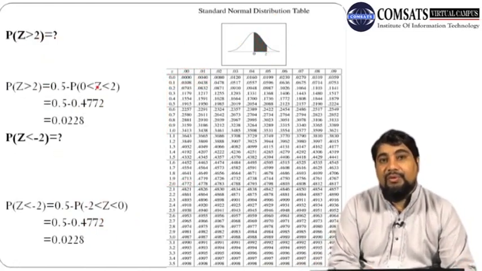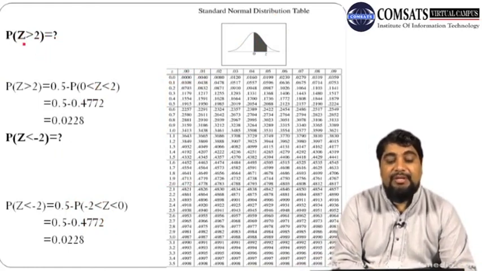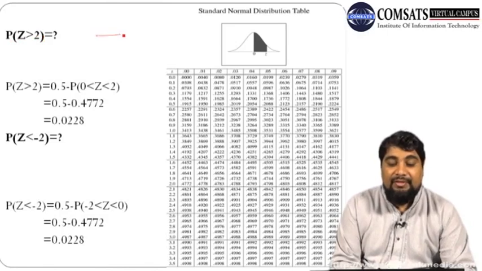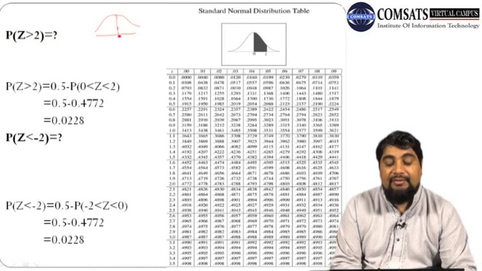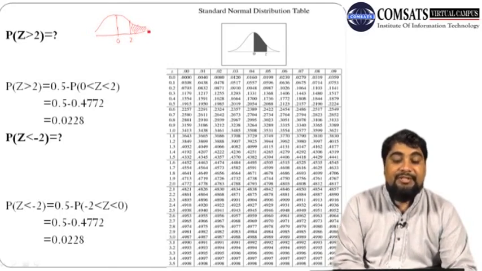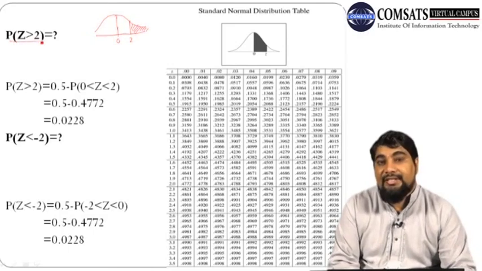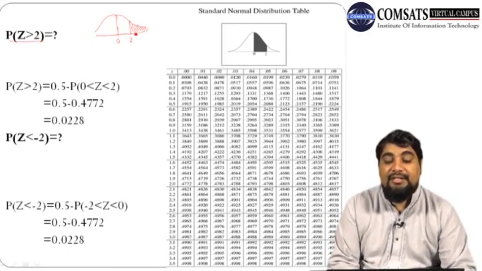Suppose we are interested in calculating the probability that z is greater than 2. This means we are interested in calculating this area. Remember that here z is 0, and here z is 2 at this point. So we are interested in finding this shaded area.